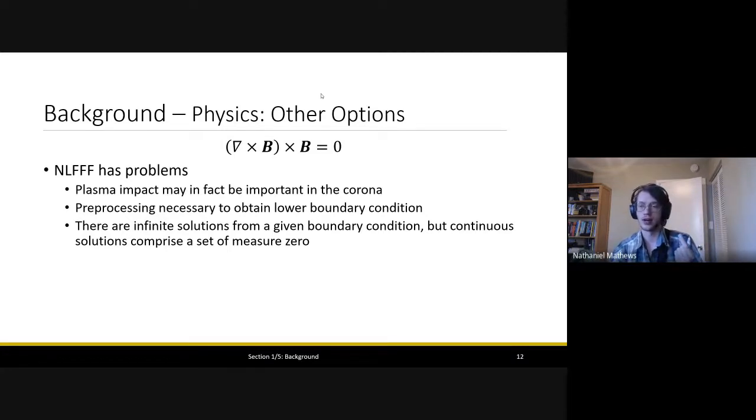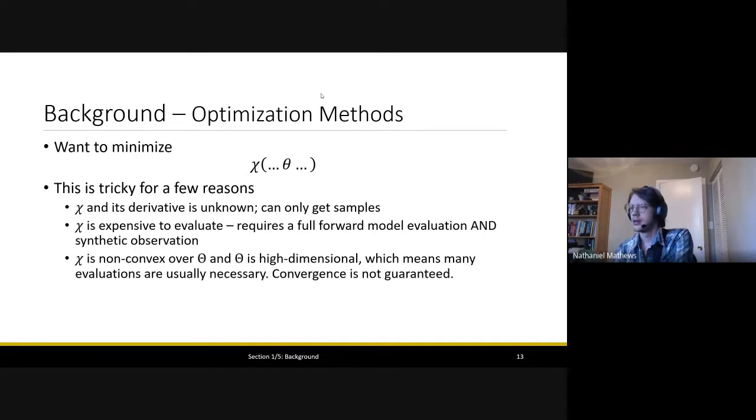So if our cost function is not a real function, right, it doesn't pass the vertical line test, the same set of parameters could have two different valid nonlinear force-free fields if our parameters are the lower boundary condition. So that's a huge problem for us. That's why we're going to focus mostly on magnetohydrostatics. So that's going to be our generative model of physics.